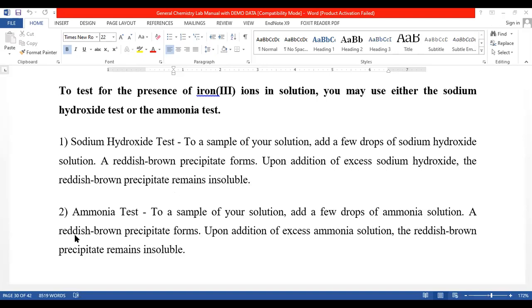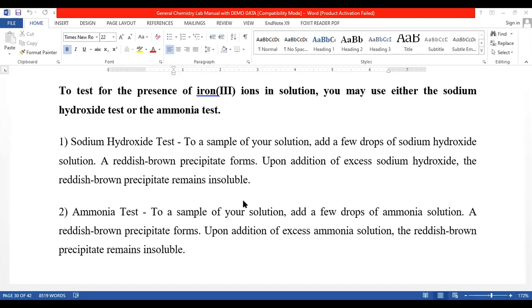And here also, when ammonia solution is added to the sample, it will produce a reddish brown precipitate, and on addition of excess ammonia solution, the precipitate will be insoluble. These are the methods that can be used for identifying the iron 2 or iron 3 ion in the sample.